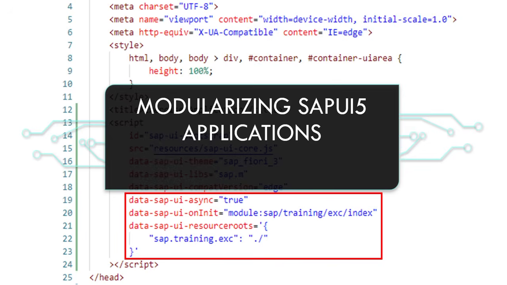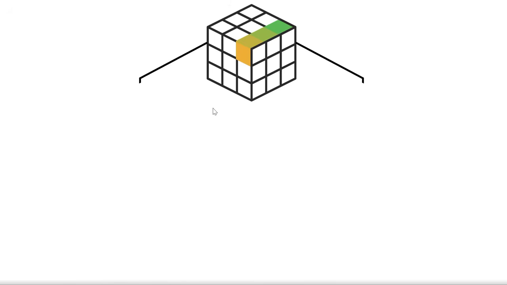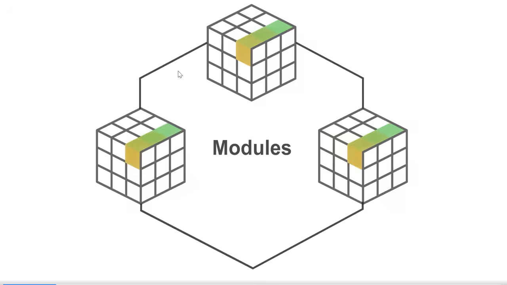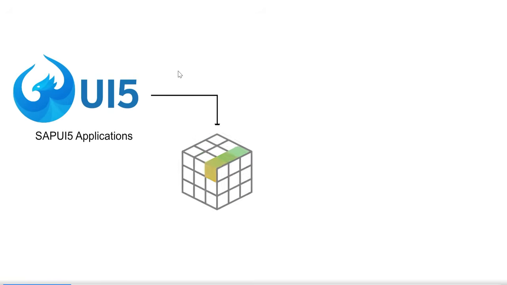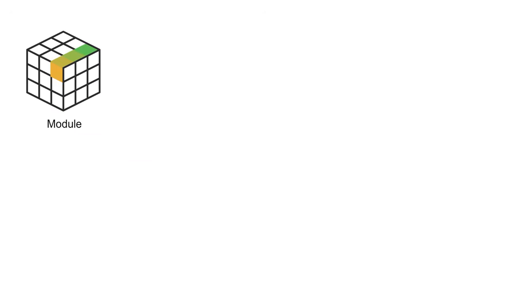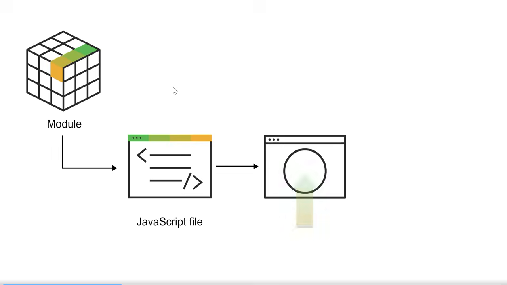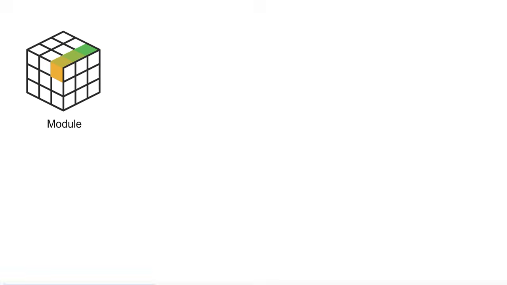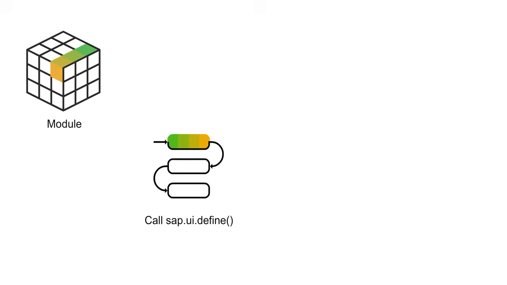I will show you so you clearly understand how modularization works. An SAP UI5 application can be divided into smaller units called modules. A module is a JavaScript file that can be loaded and executed by the browser.